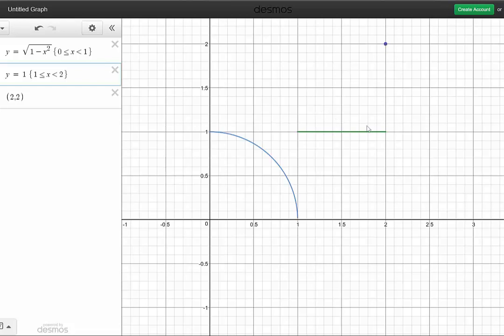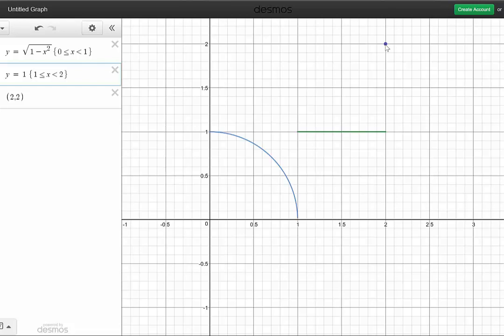From the left-hand side, the limit as x approaches 2 is 1, but from the right-hand side, it's just 2. So those two do not agree with each other either. So what's our final answer here? The limit as x approaches c at any point on the graph does not exist because we cannot get a point to agree with itself.